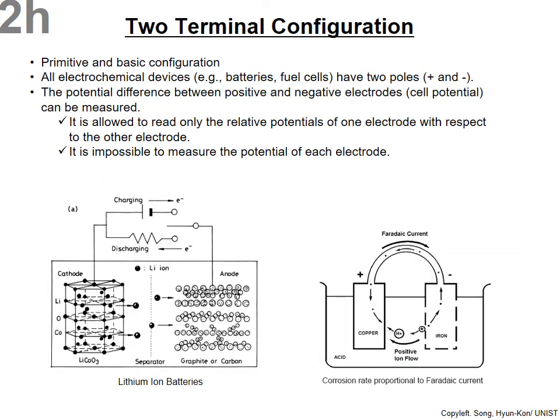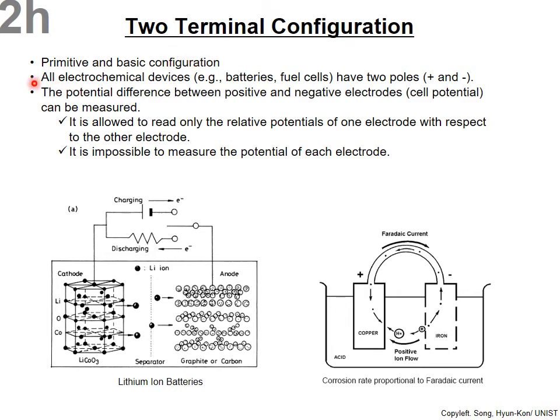Okay, so let me discuss the configuration of electrochemical cells. Usually you have met the two terminal configuration for electrochemical cells. This two terminal configuration is the very primitive and basic configuration of electrochemical cells.